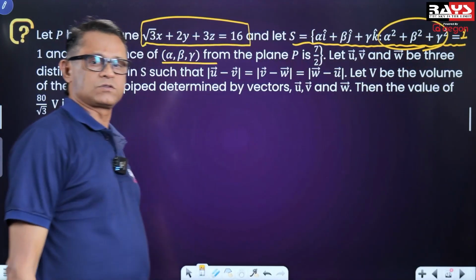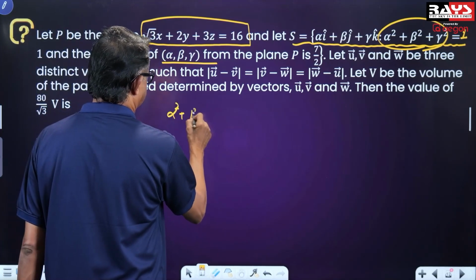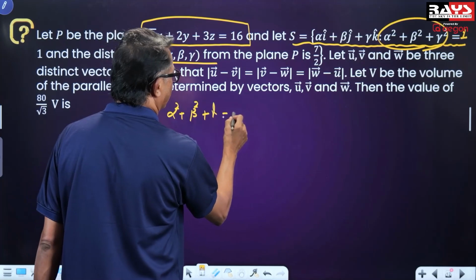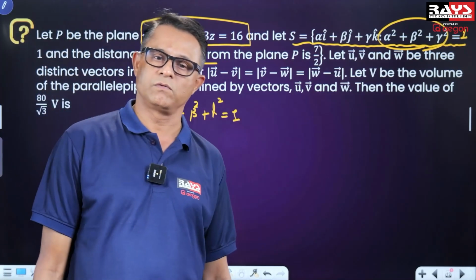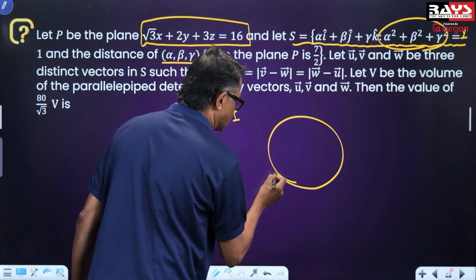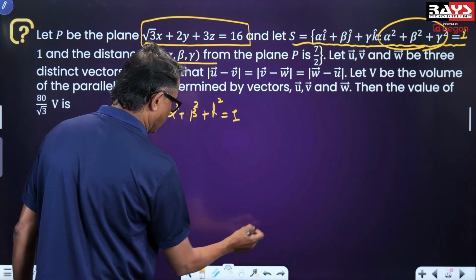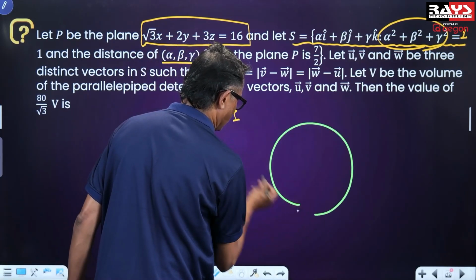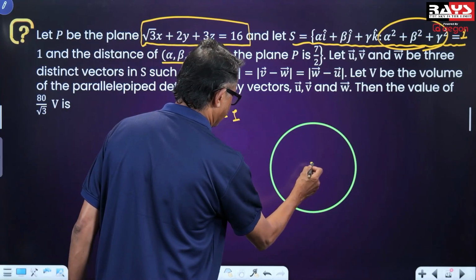Let us first understand the question and move forward. Alpha square plus beta square plus gamma square equal to 1 represents what? It's nothing but a sphere, a sphere with center at the origin. So I would like to draw it like this.